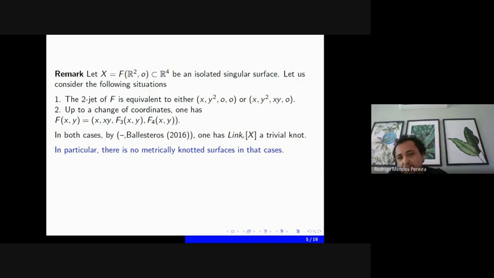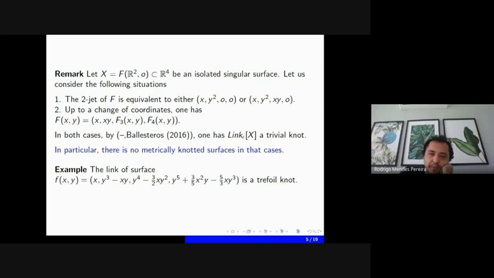So you can consider a more natural condition. In fact, you can decompose these 2-jets into four types. These are two of these types. But if you take a more degenerate quadratic form, you can produce non-trivial topology. For example, this surface, the quadratic form is x, x, y, 0, 0, right?